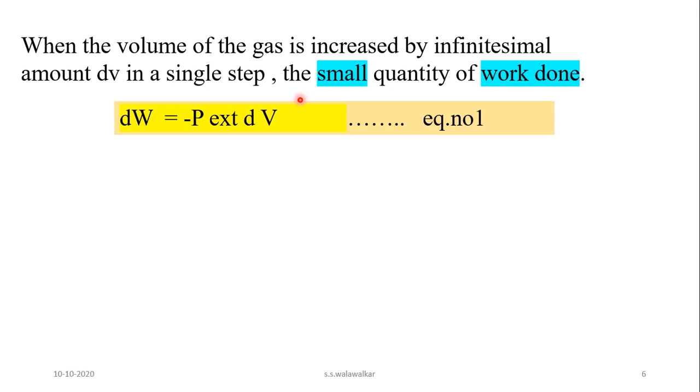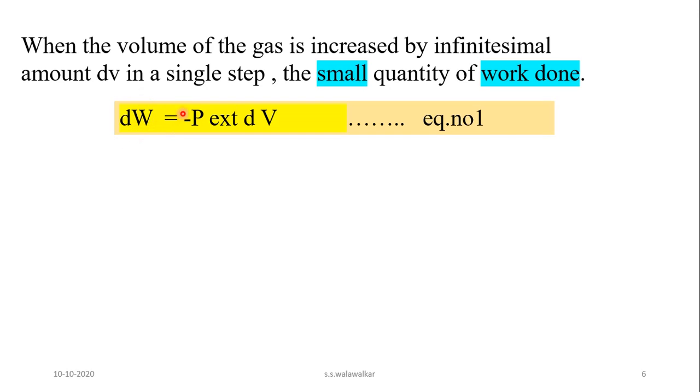According to the definition, W is equal to P external into delta V, whenever the change is carried out in an irreversible manner. But here the change is carried out in a reversible manner, and therefore only a small work is done in a single step. This small work is denoted by dW.